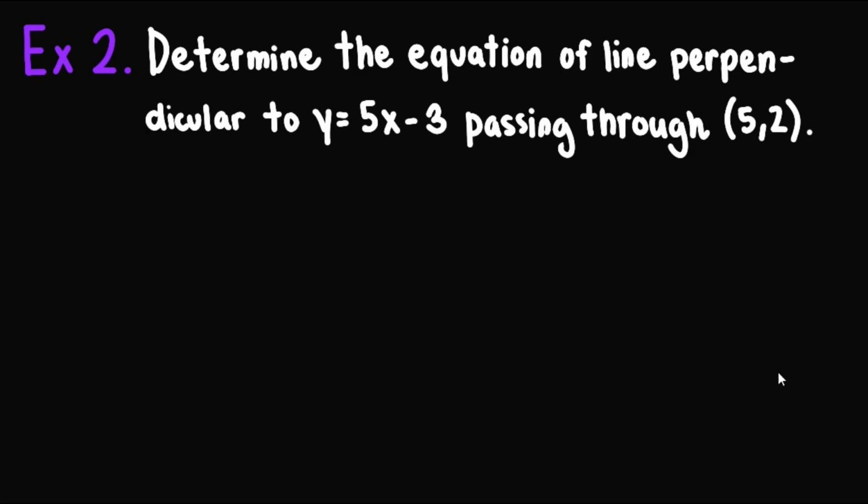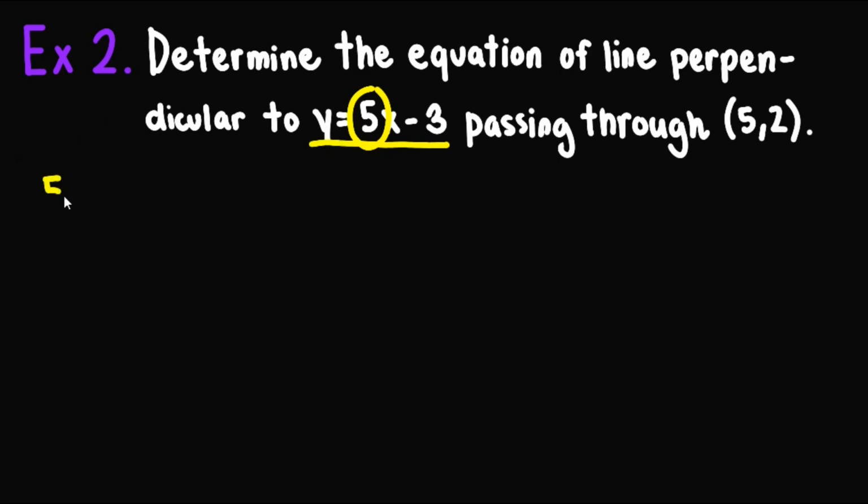So let's start. So since we are given a line already and it is in its slope-intercept form, then we know that the slope of this line is 5. So to find an equation that is parallel, or rather perpendicular to this line, what we do is we use the second option, which is take the negative reciprocal.